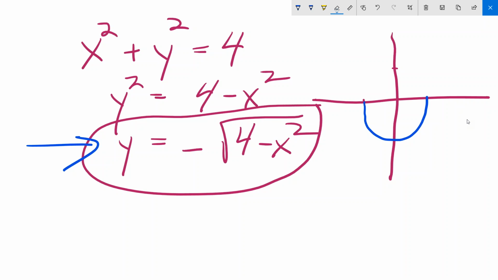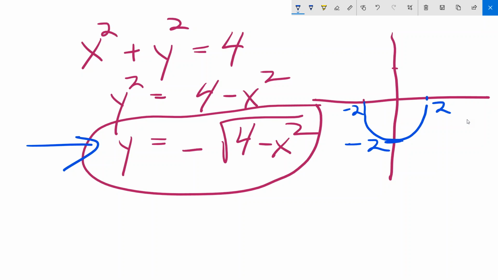It's not a transformation of a function, but it is a function. And so it's a semicircle? Exactly. And this kind of points out that we made a mistake. Our domain is indeed between 2 and minus 2, because there's 2, there's minus 2. But our range only goes down to minus 2, never below.